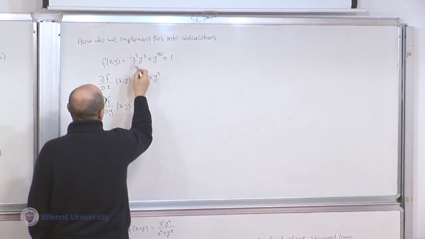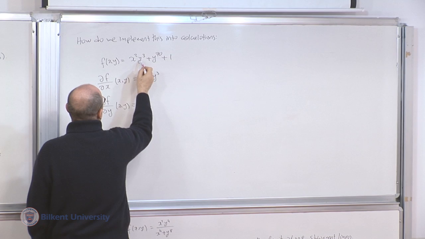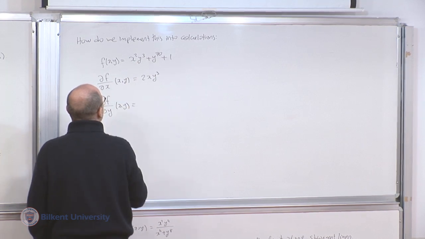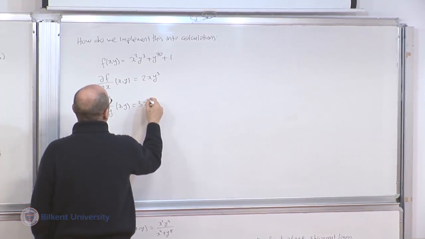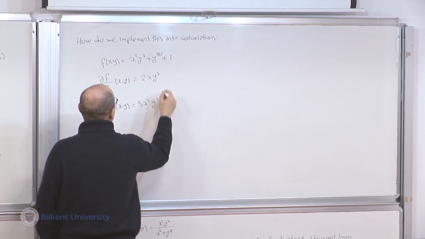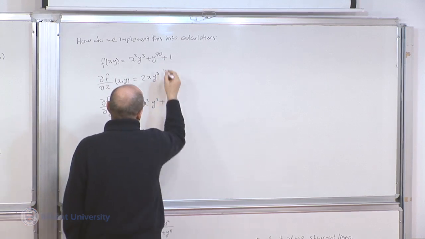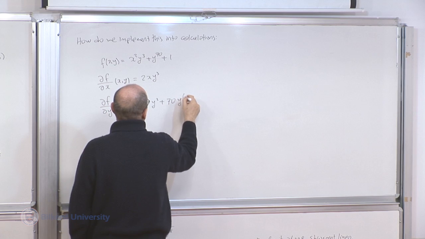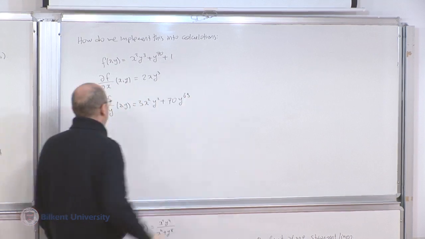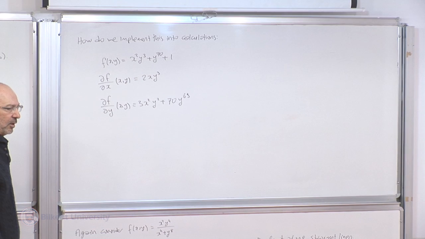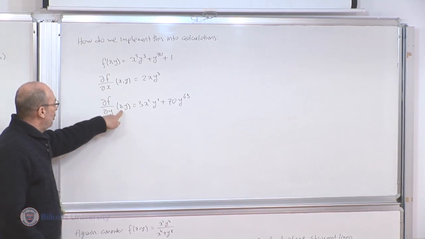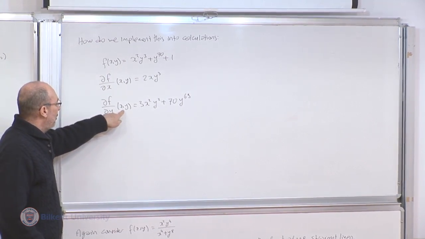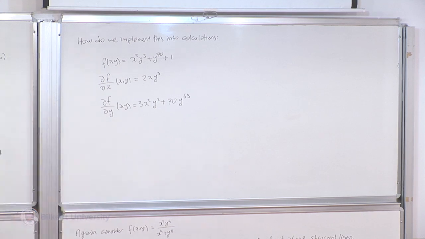Now here, this is a constant. So a constant times y cubed, I take the derivative with respect to y. This is the constant times 3y squared, plus this is 70y to the 69. Well, this is constant. This is it. Okay. So for this generic point here, you see it will not be nice to say that x goes to x.